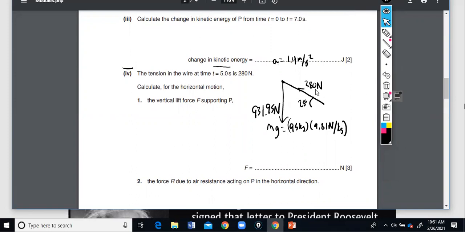The tension in the wire is given, okay? So this tension has a component that's going up, right? In other words, the vertical lift force supporting P, how does that relate to the tension here?